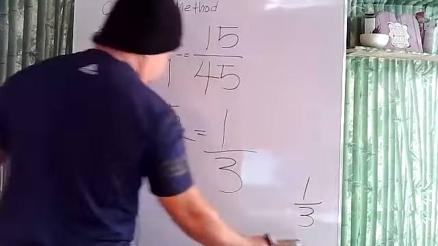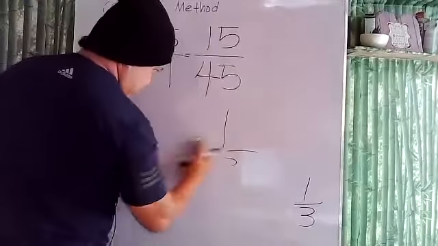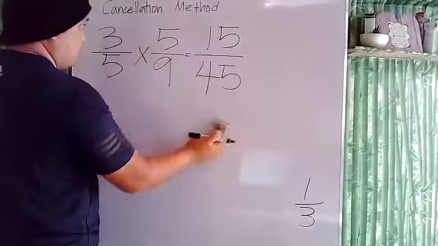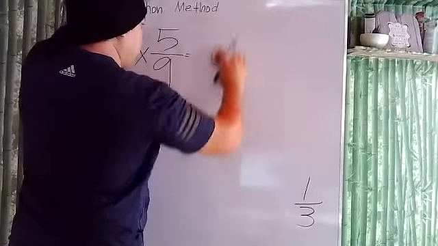Now there is a short way of doing it. It's called the cancellation method. We're going to cancel directly before multiplying.